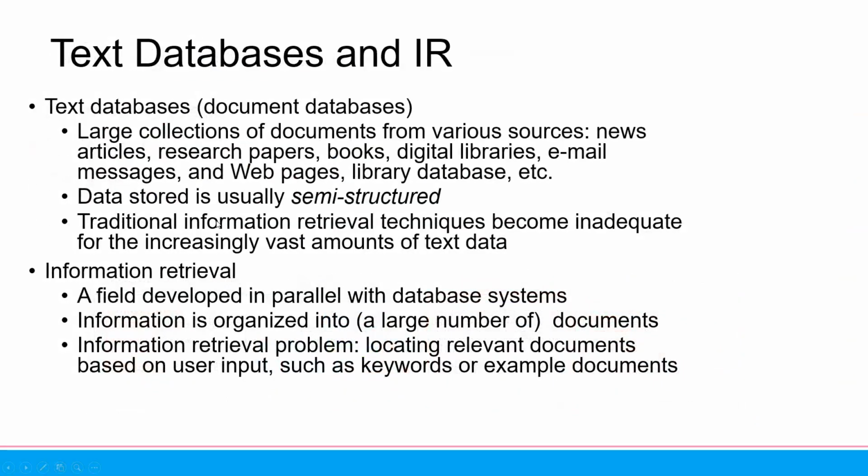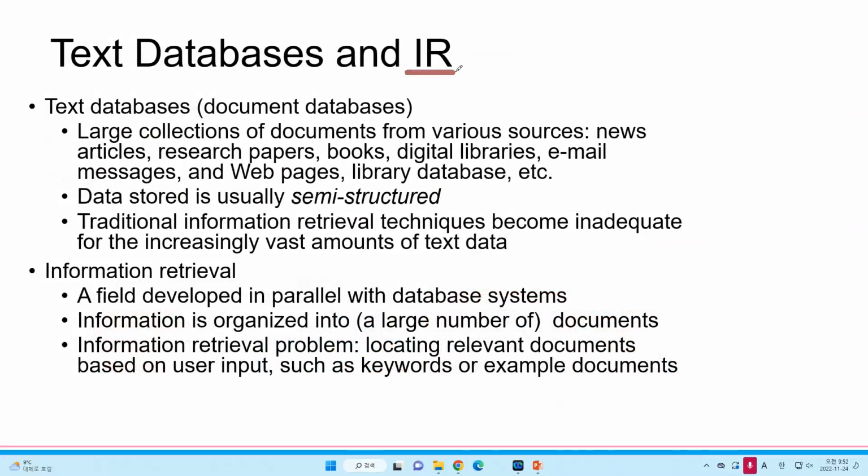So when we deal with text data, we also have the text database. And we call this IR, text database and IR. IR means information retrieval. A text database or document database is a large collection of documents from various sources.